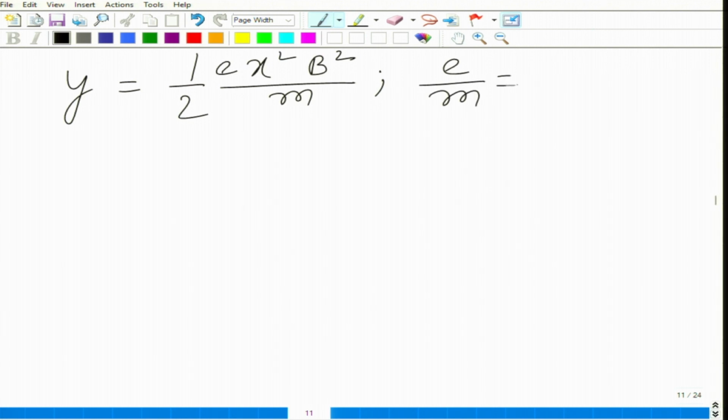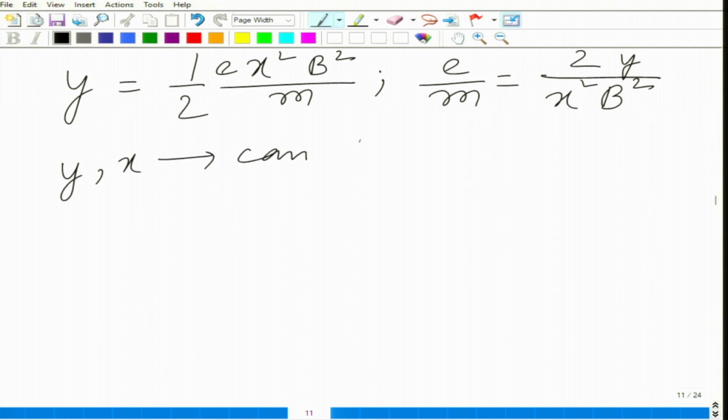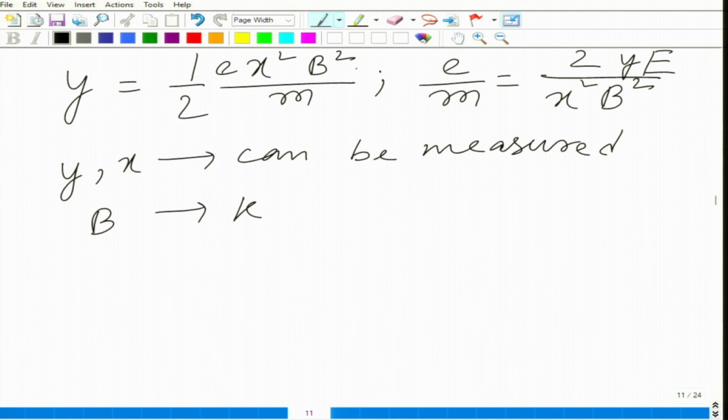What is e by m now? e by m equal to 2y by x square B square. So the values of x and y can be measured in the experimental setup. The values of E and B are known.